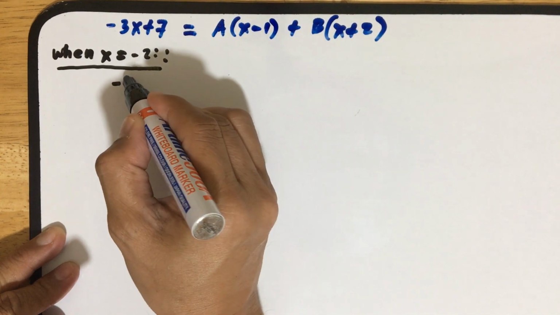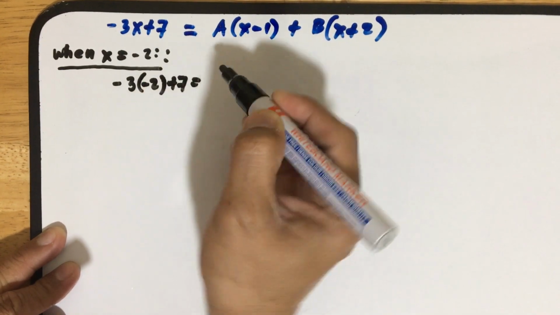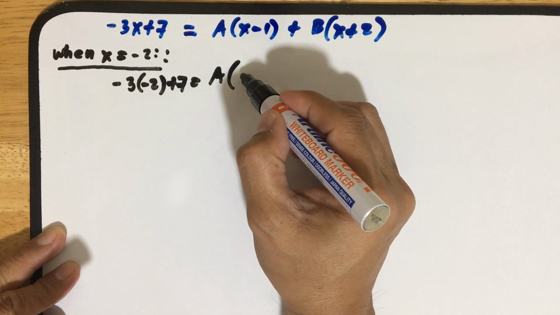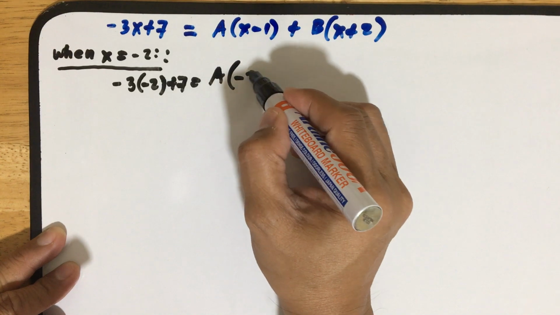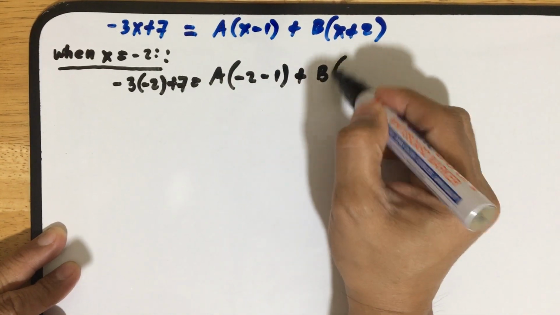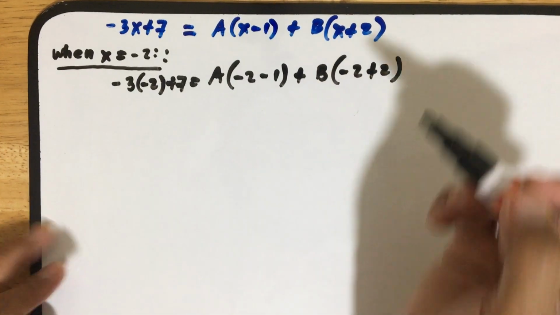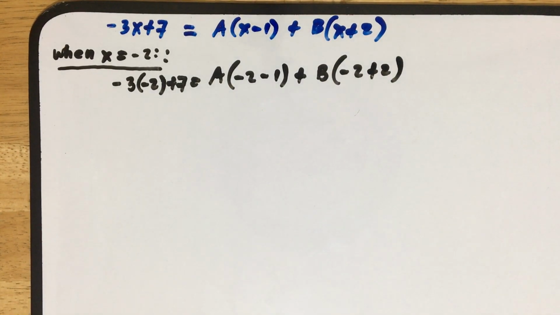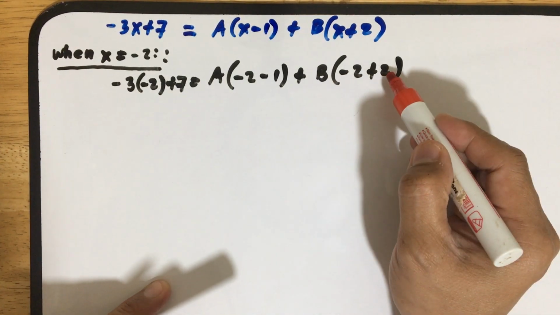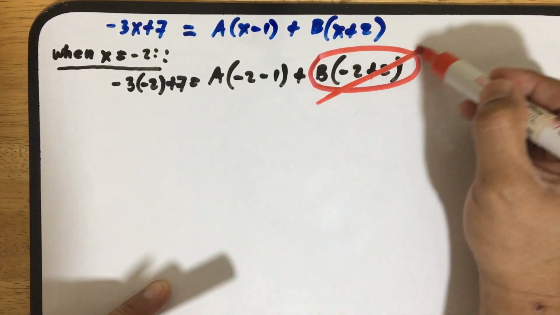We have minus 3 times minus 2 plus 7 equal to a times minus 2 minus 1, plus b times minus 2 plus 2. This part here, minus 2 plus 2 is 0 times b, so the whole thing is equal to 0.